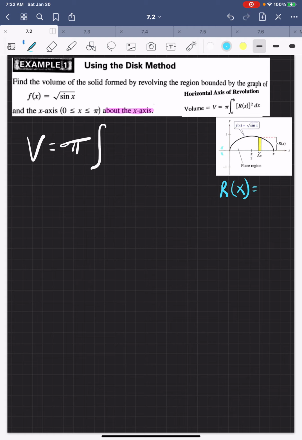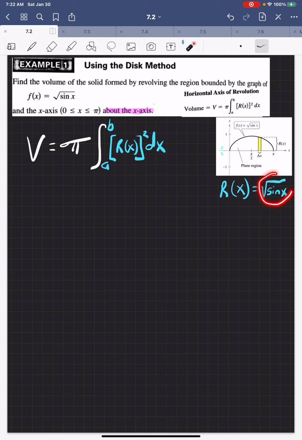That's just simply equal to the square root of sine of x. So that's not bad. All we're going to do is substitute the square root of sine of x in for r of x. All right, so we need to go from a to b of r of x squared and integrate with respect to x.